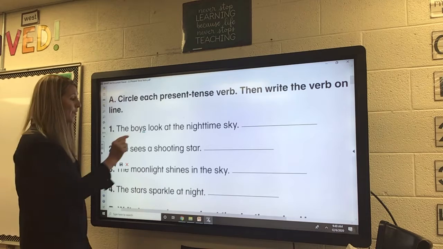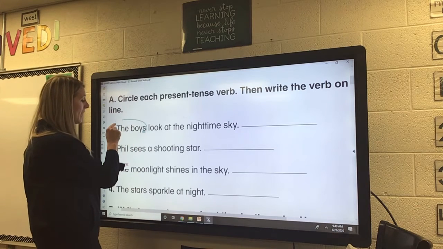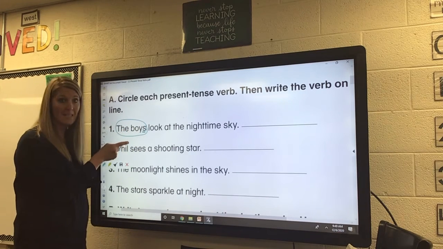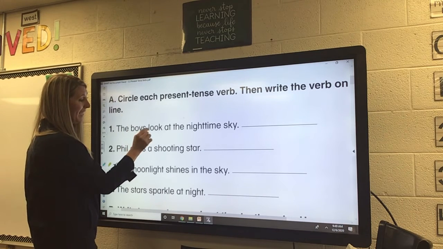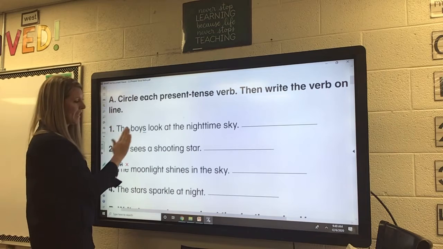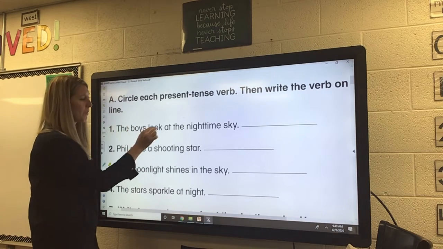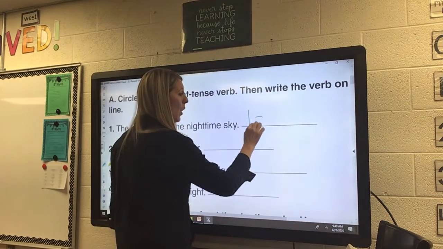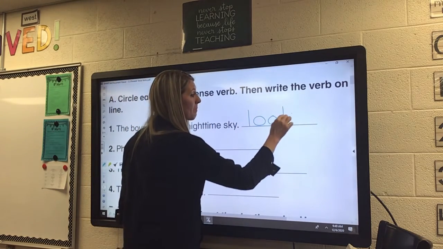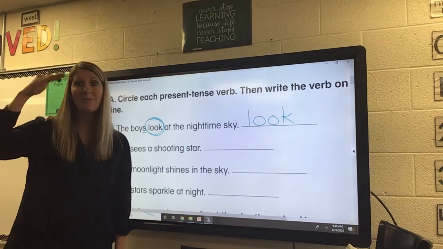So if your noun or subject already has an S, guess what? You don't need an S on your verb. Mrs. Murphy actually circled that, but I don't want you to circle that. I want you to circle the verb, which is look. L-O-O-K.